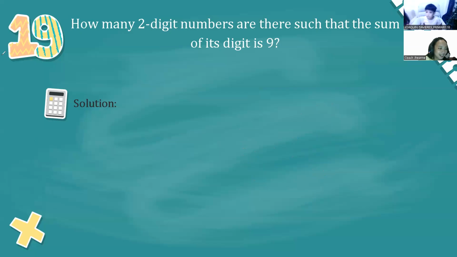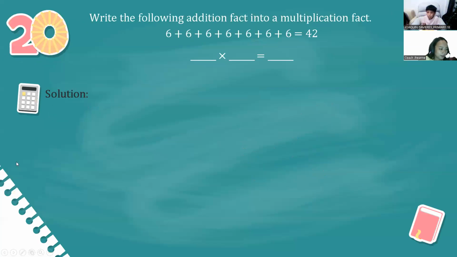Number 20. Write the following addition fact into a multiplication fact. Okay, this is just easy.